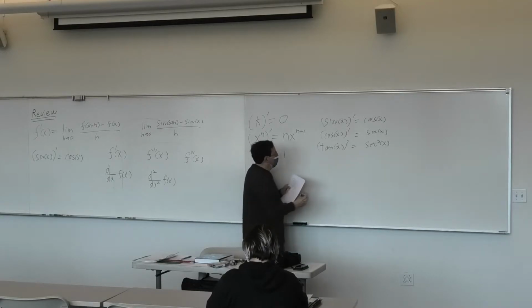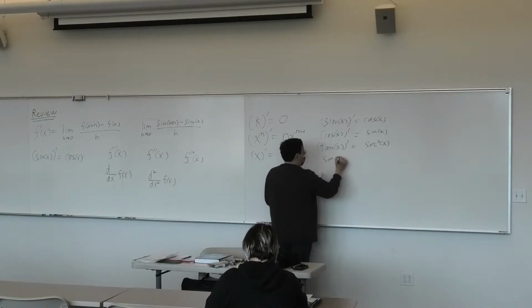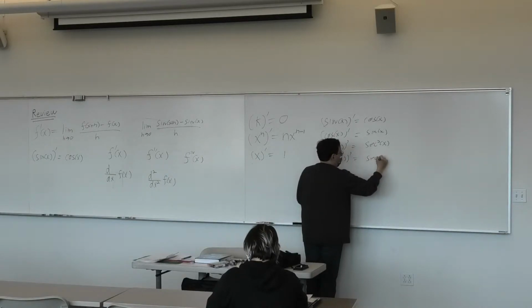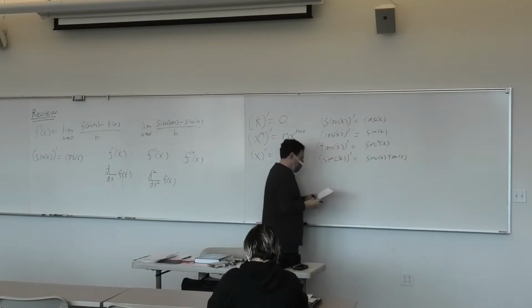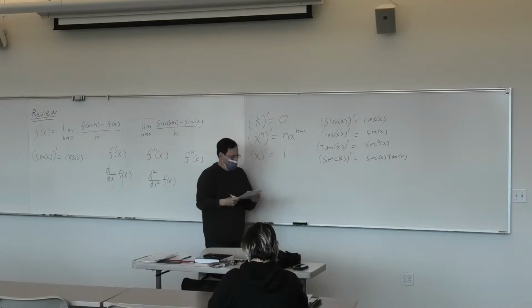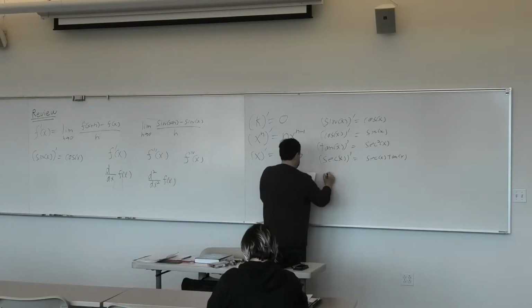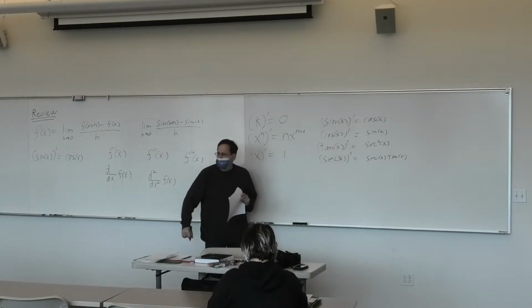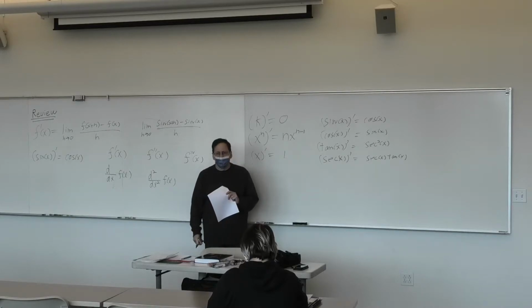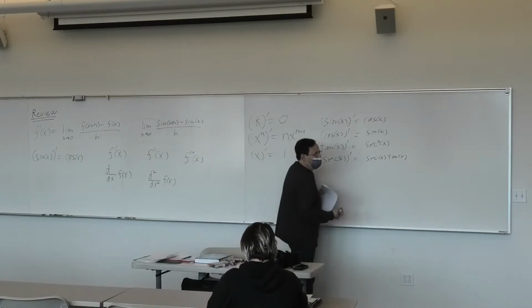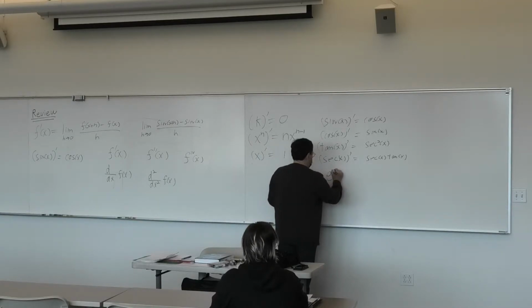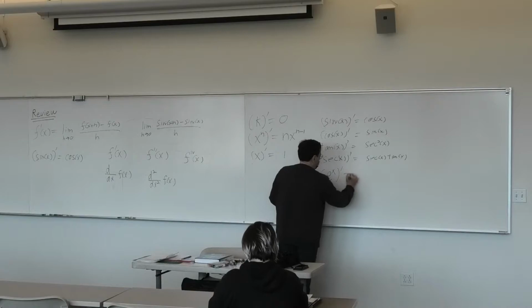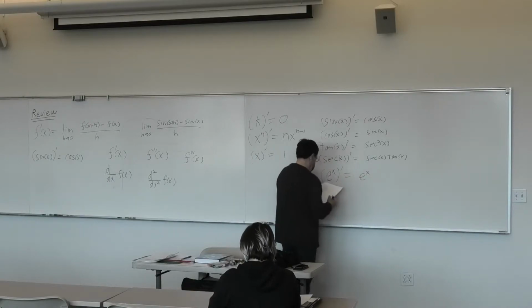I'm going to go one more step. Probably should know that the derivative of the secant is secant times the tangent. You should absolutely know, especially if you're going on in engineering or any of the sciences, anything where you might end up in a differential equations class, that the derivative of e to the x is e to the x.